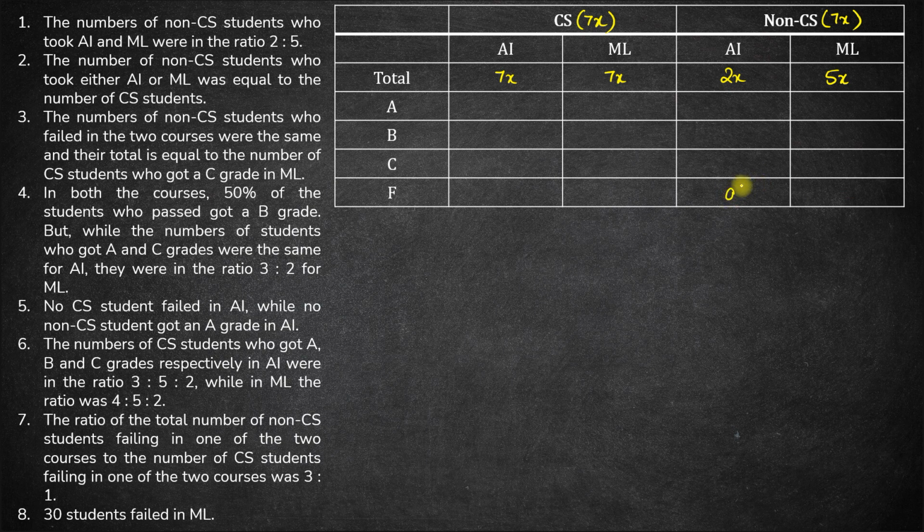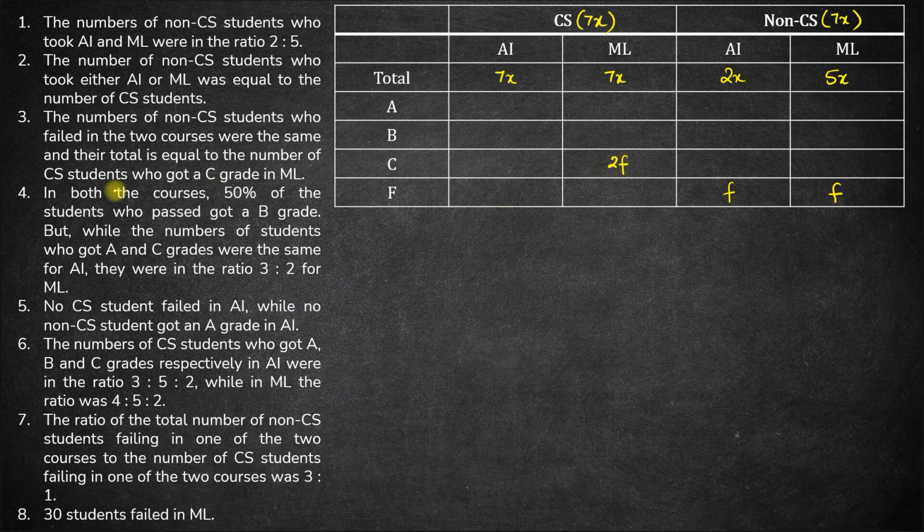So if this is, let's say, F, this is also F, and their total is 2F. 2F is equal to the number of CS students who got a C grade in ML. So CS students getting a C grade in ML is the sum of these two, which is 2F.